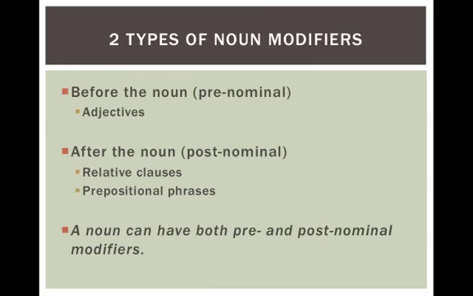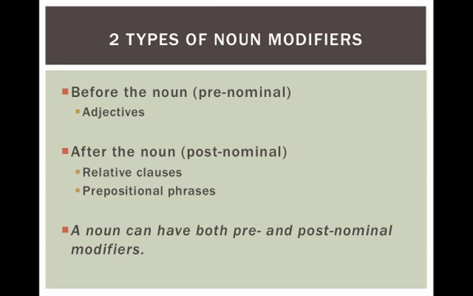There are two kinds of noun modifiers, ones that occur before the noun, which are called prenominal modifiers, and they're adjectives. If I say a pretty dress, pretty is a prenominal noun modifier, also known as an adjective. There are also modifiers that occur after the noun, and they take the form of relative clauses, and there are a few kinds of relative clauses that we're going to look at.